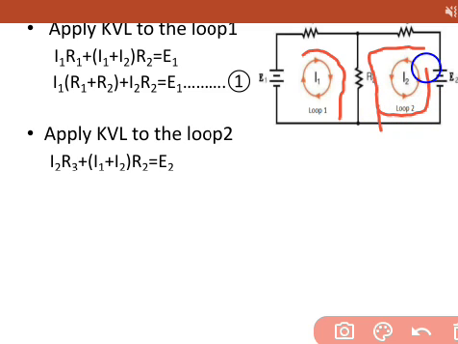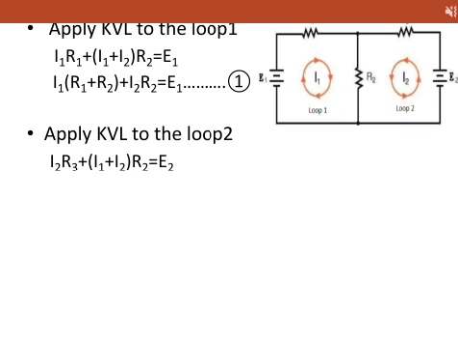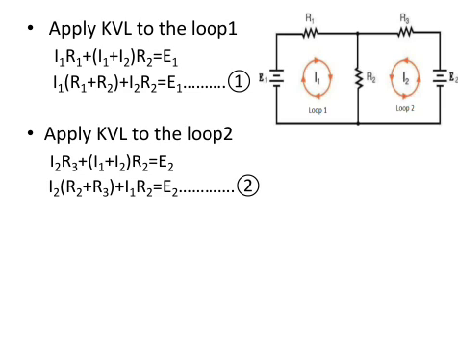Next, from negative to positive in the source E2, so we must take plus E2 on this side, that equals E2. So I2 into (R2 plus R3) plus I1 into R2 equals E2. Say, equation 2.